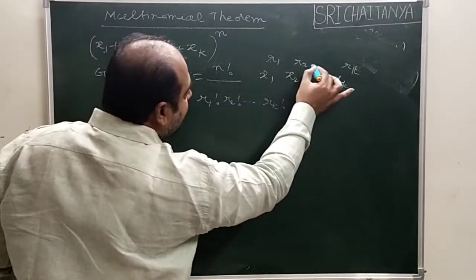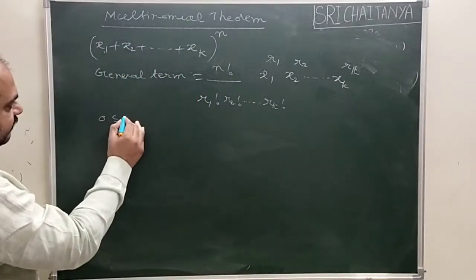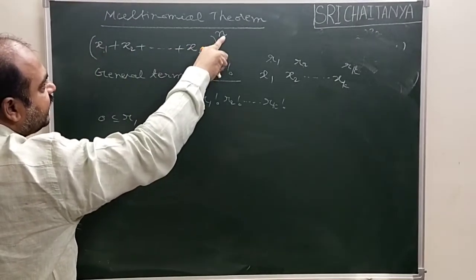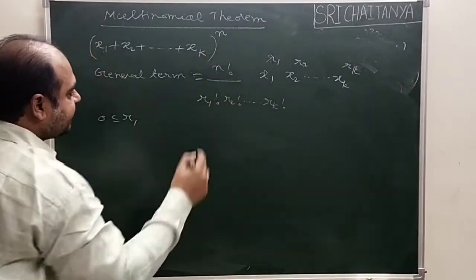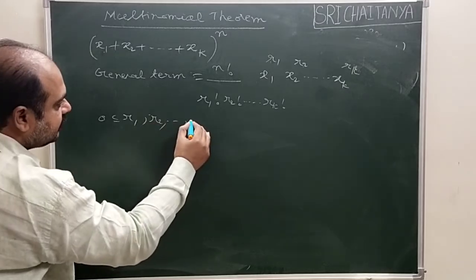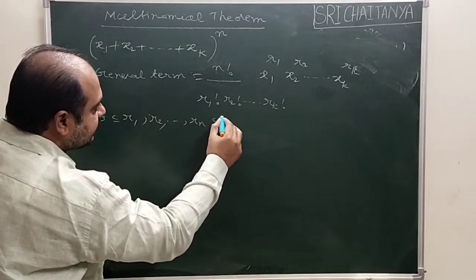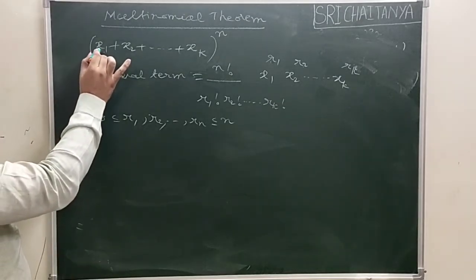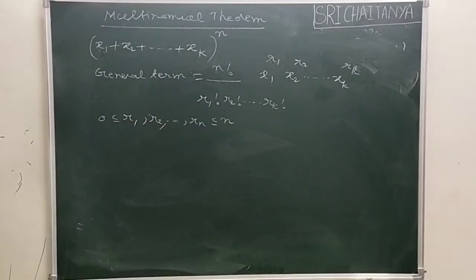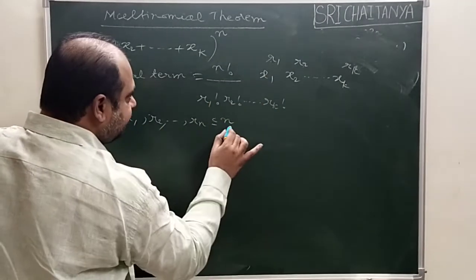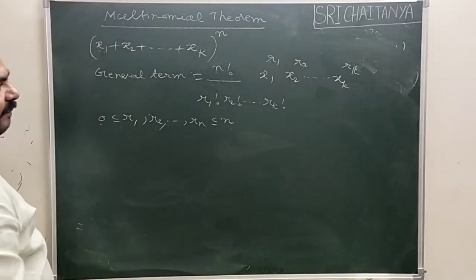So these r1, r2, ..., rk lie between 0 and n. By simply using common sense we can say x1 to the power maximum will be n and minimum will be 0, right? 0 to n. r2 also has minimum 0, maximum n. rk also minimum 0, maximum n.